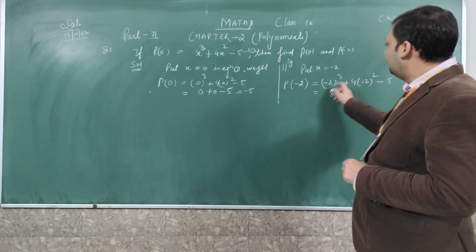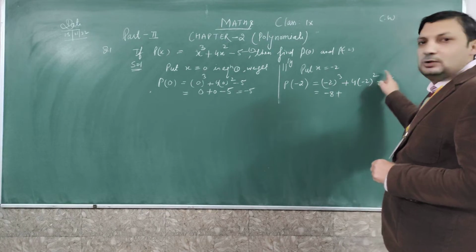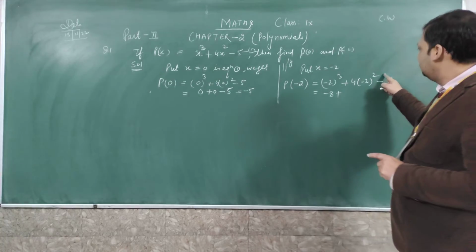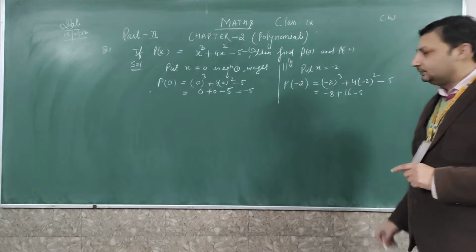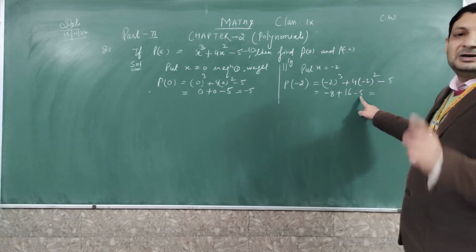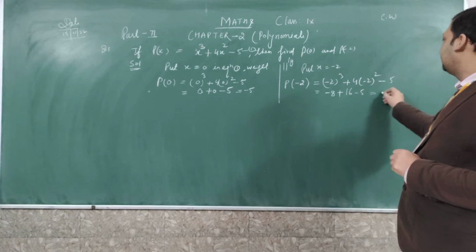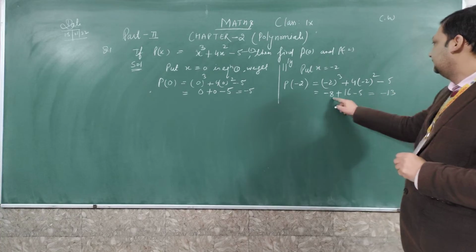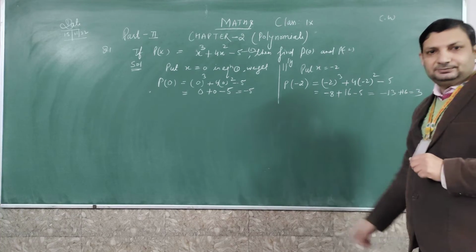But the power is odd, so the sign stays the same: minus 8. Plus 4 times minus 2 squared, 2 squared is 4, 4 times 4 is 16, and minus 5 stays the same. Minus 8 minus 5 gives minus 13, and minus 13 plus 16 is plus 3.